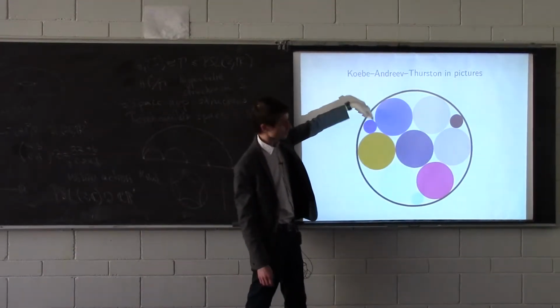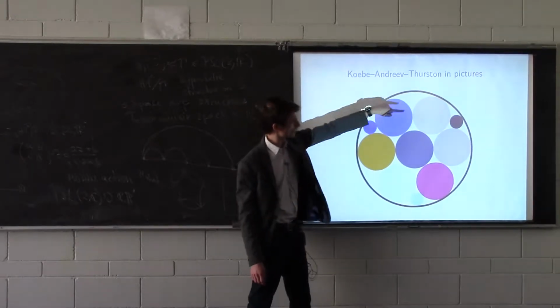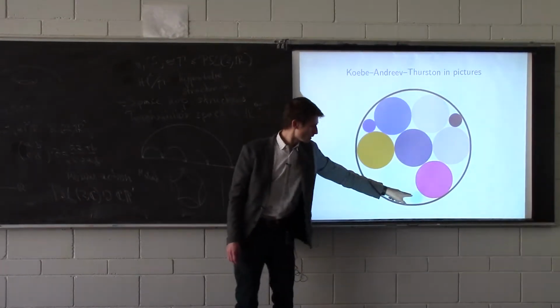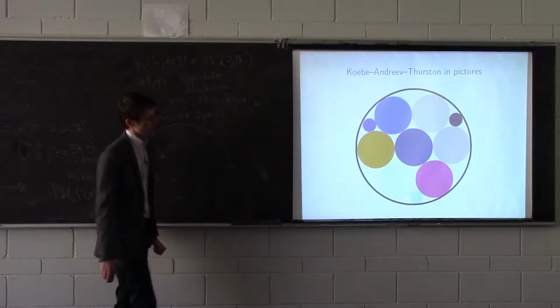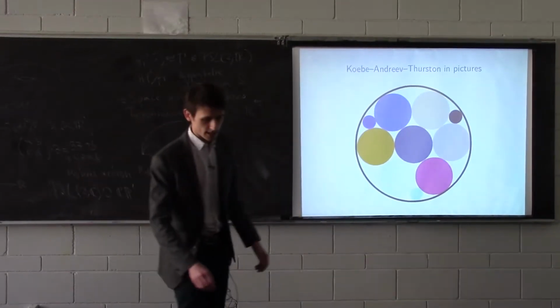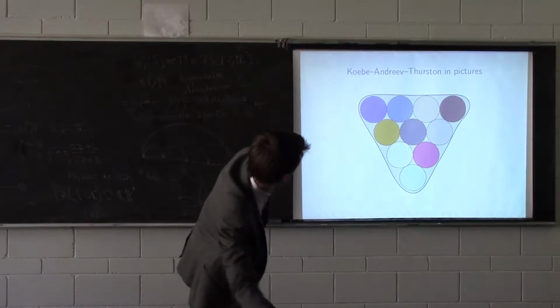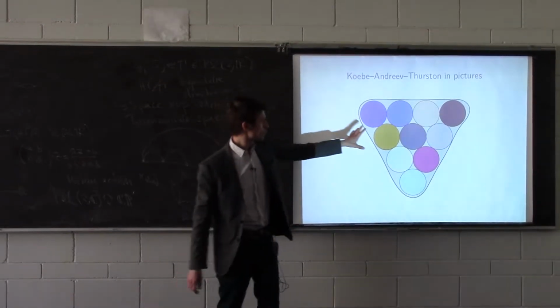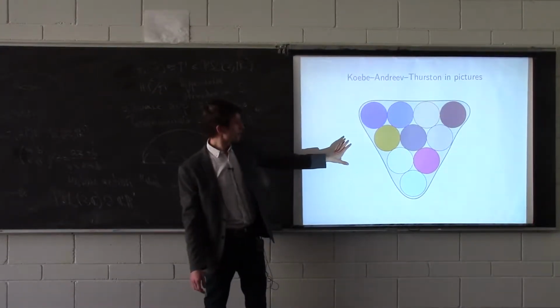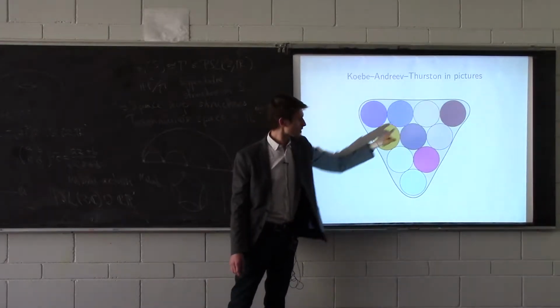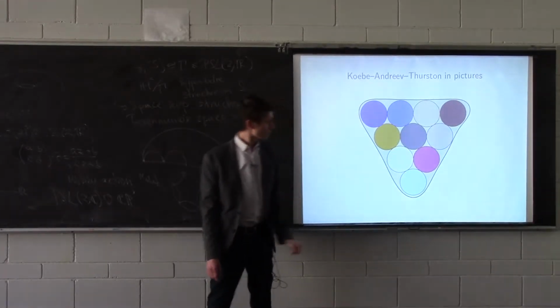Here I made a triangle. Here's 1, 2, 3, 4, 1, 2, 3, 1, 2, and 1 at the end. The cool thing about this is it tells you that if you wanted to map this region to a disk, you know what to do with each one of these disks.